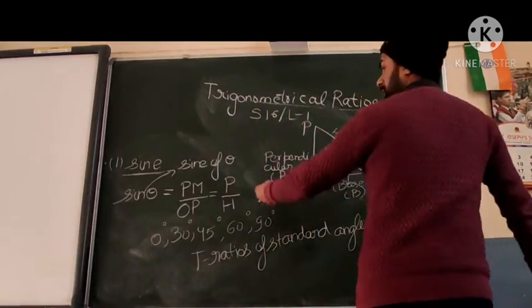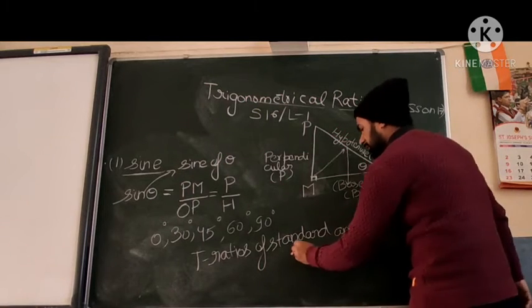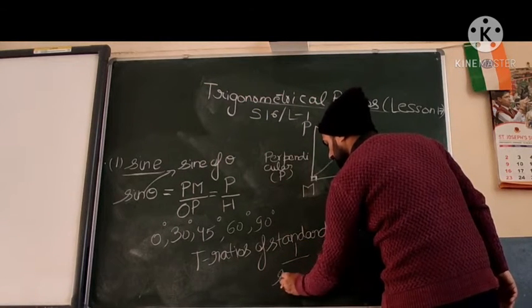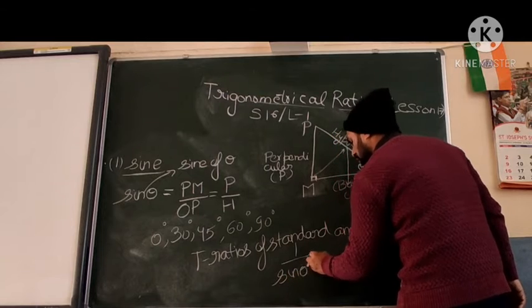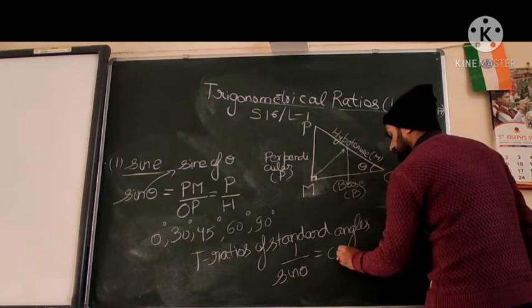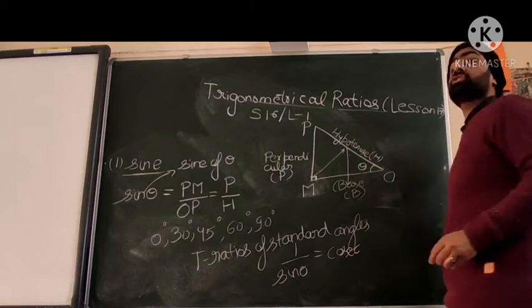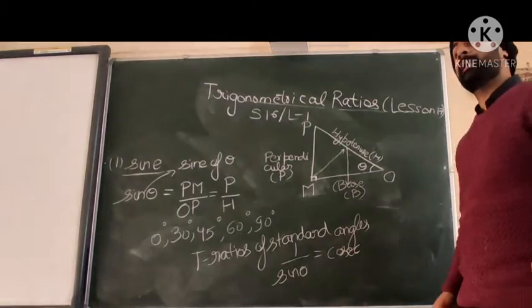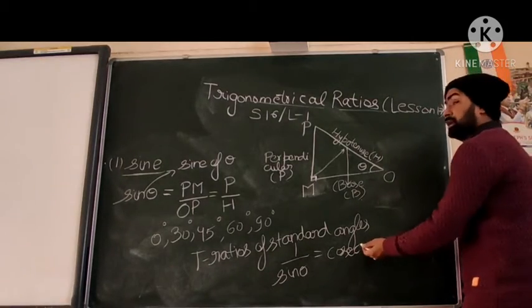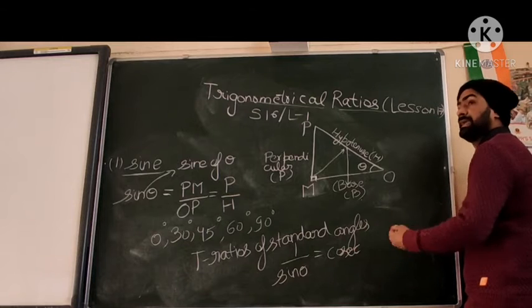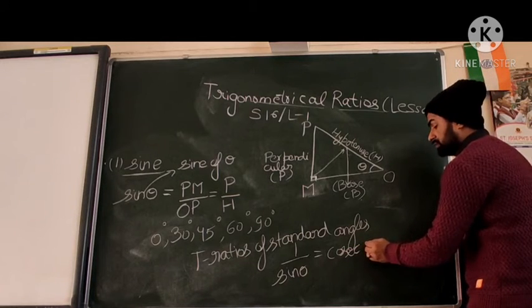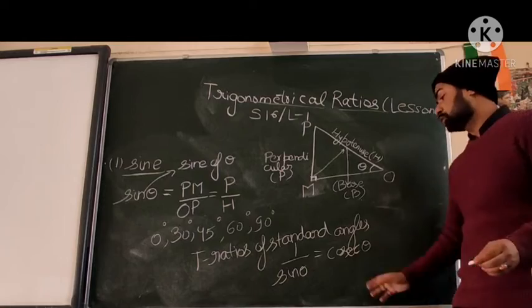So what is the inverse of sine? We call it 1 by sine theta, which is called cosec. Cosec is also a ratio only, and cosec is also related to an angle only. So what is cosec theta?